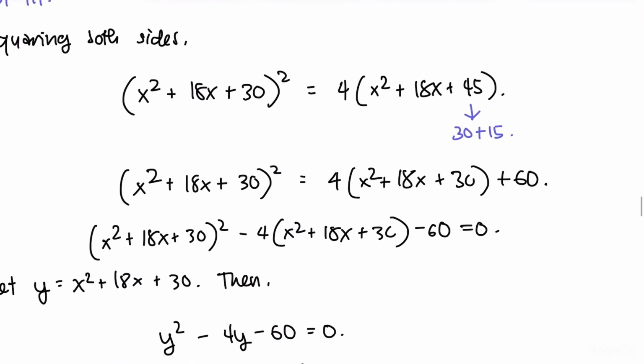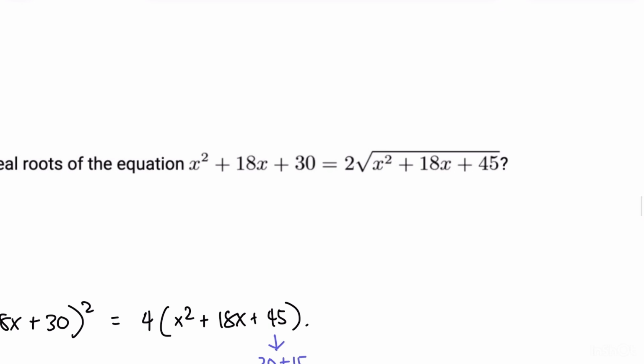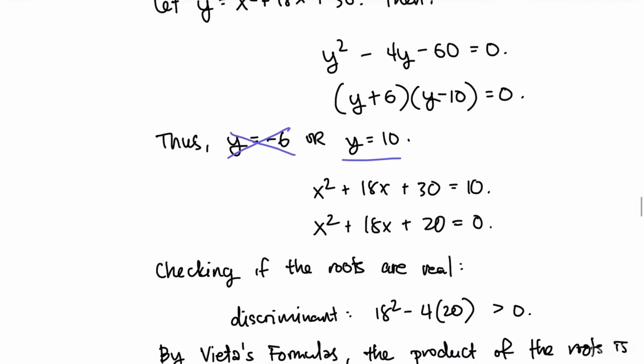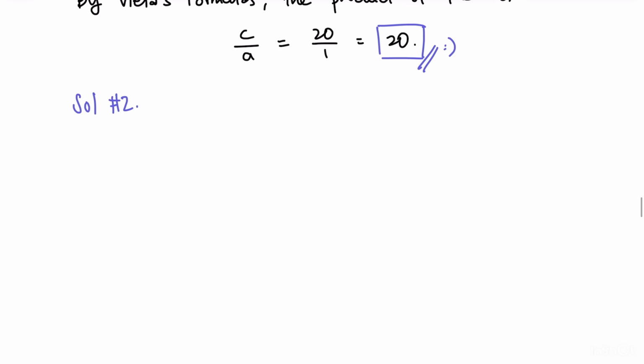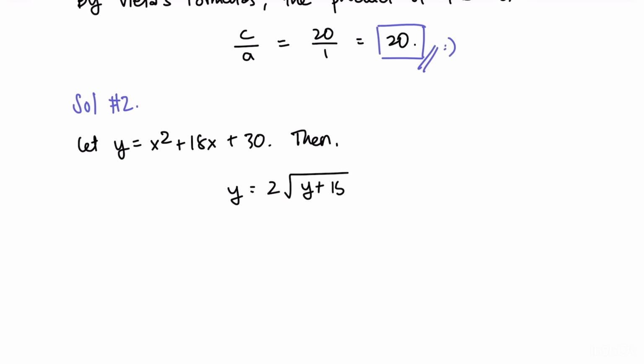I'm gonna go back to the original equation. So if we let the expression be y immediately, then the expression under the square root is y plus 15. So let y be equal to x squared plus 18x plus 30, then this becomes y equals 2 times the square root of y plus 15.